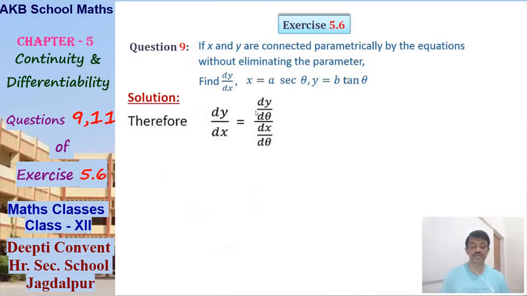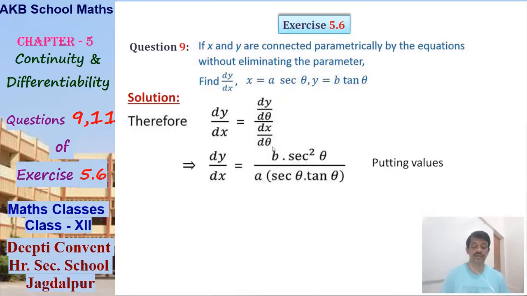Therefore dy upon dx equals dy by d theta upon dx by d theta. Putting the values, dy by d theta is b sec square theta and dx by d theta is a sec theta tan theta, which we have already found. Now solving it, one sec cancels, so b by a into sec by tan theta.